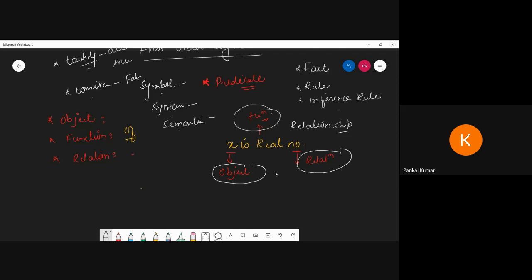Based upon your previous knowledge, you work as a KB, knowledge based agent, and perform the task. Very simple. So we all are acting as a knowledge based agent. This is the process we can follow. Is it clear?